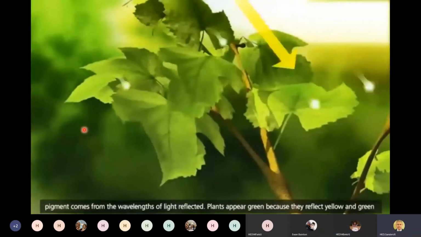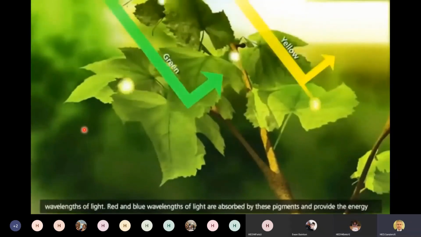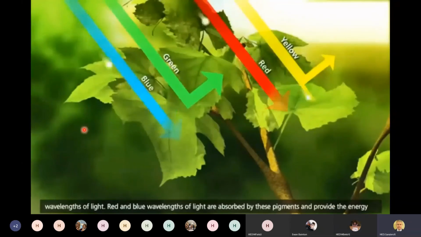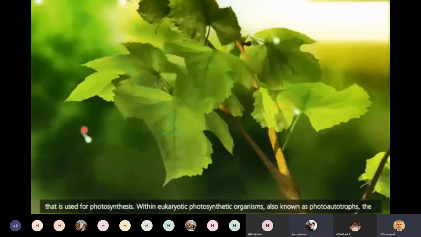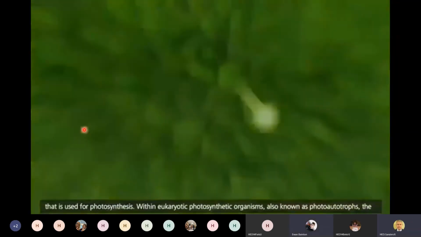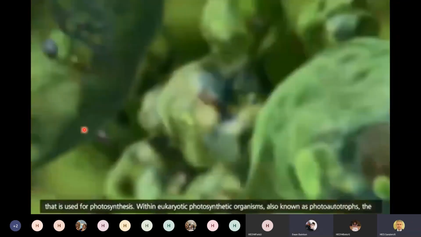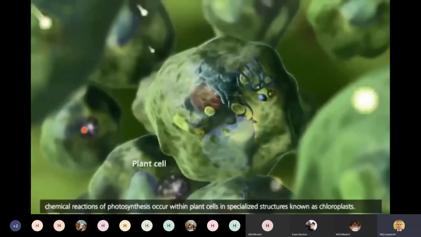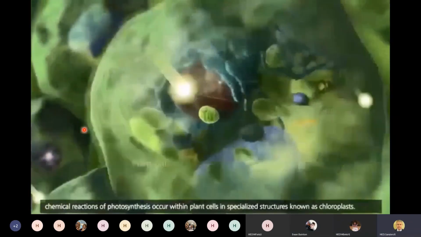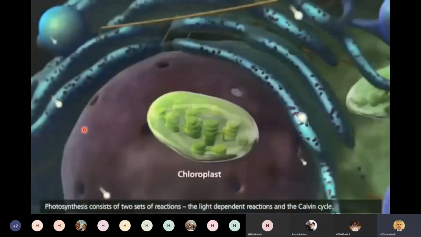Plants appear green because they reflect yellow and green wavelengths of light. Red and blue wavelengths of light are absorbed by these pigments and provide the energy that is used for photosynthesis. Photosynthetic organisms, also known as autotrophs, carry out the chemical reactions of photosynthesis within plant cells in specialized structures known as chloroplasts.